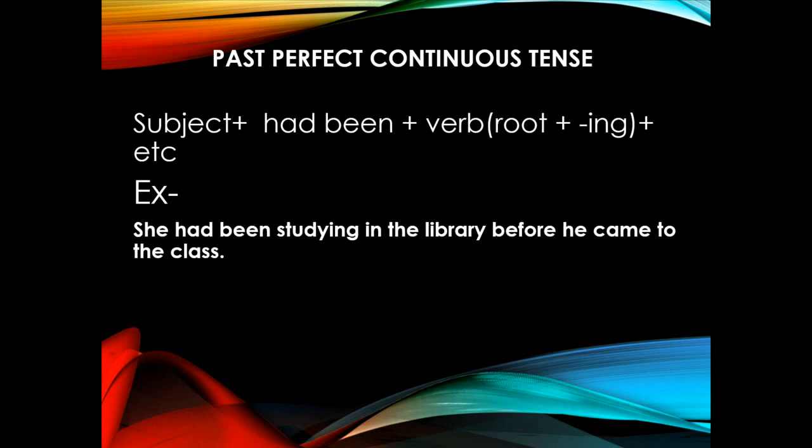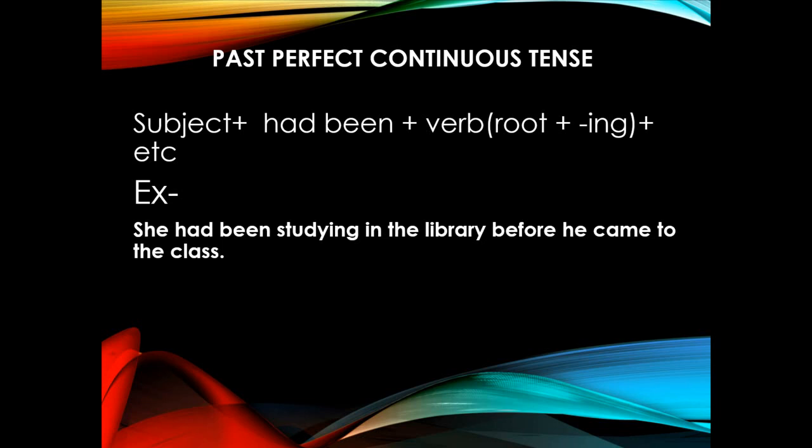Now let's see past perfect continuous tense. The past perfect continuous tense, which is also known as the past perfect progressive tense, shows that an action that started in the past continued up until another time in the past.